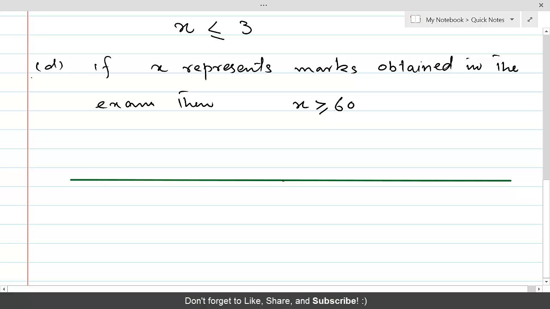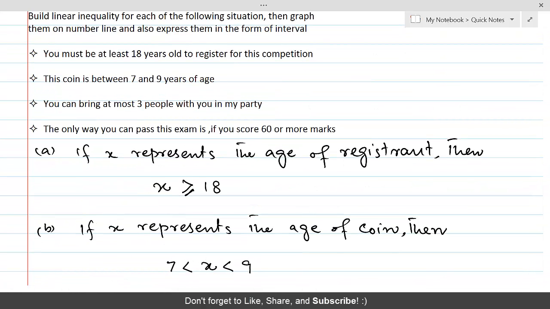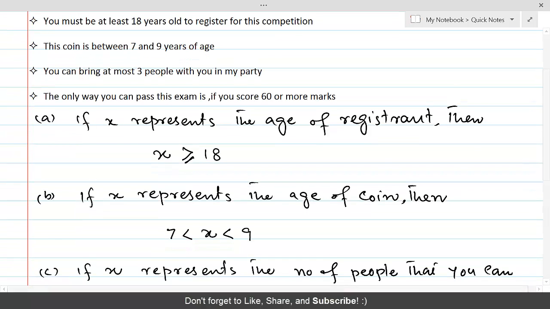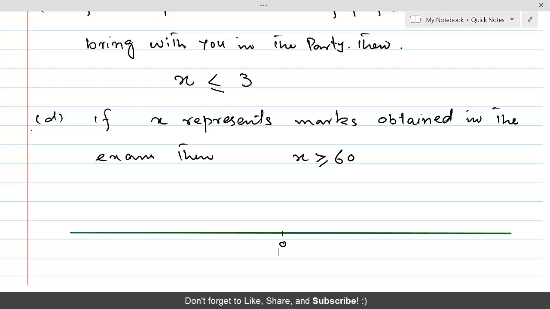Let's say here it's 0. The scale is up to you. If the reference value is in the hundreds, you can keep a bigger scale. But here it is 18, x is greater than or equal to 18.